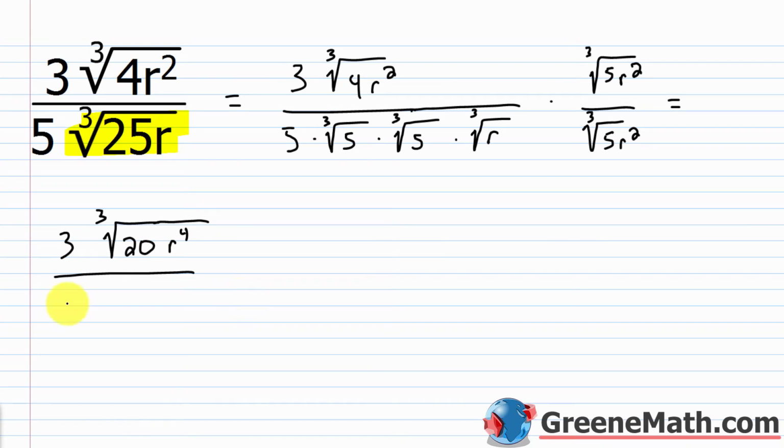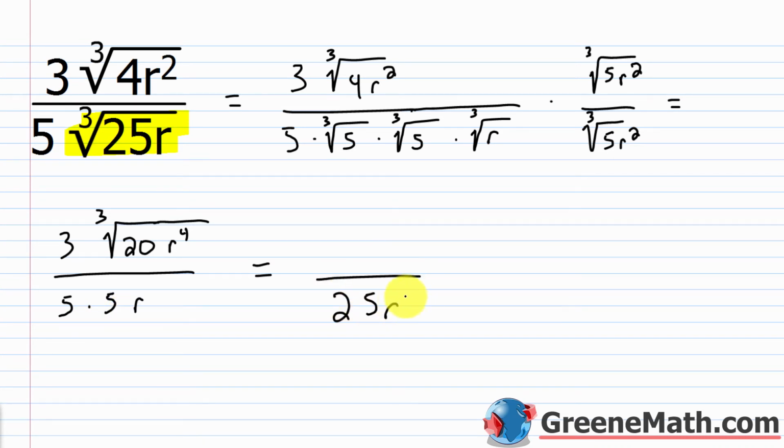Over, we'll have 5 multiplied by 5 times 5, which is 25, times another 5, which is 125. So it would be the cube root of 125, which is 5, so 5 times 5. And then you'd end up with the cube root of r cubed, which is r. So my denominator is radical free. So in the denominator, we would basically just have 25r.